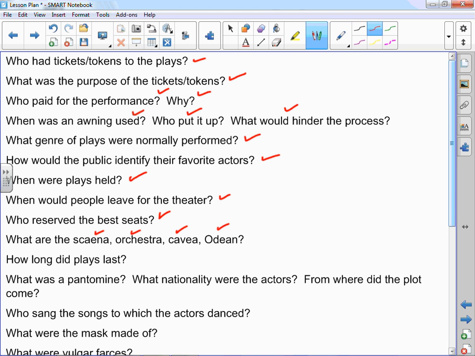How long did the plays last? They would last all day. What is a pantomime? That was a play that was usually Greek in origin. Nationality of the actors, they were Greek actors. From where did the plot come? It came from Greek mythology, usually. The pantomime normally didn't have like a stage actor.